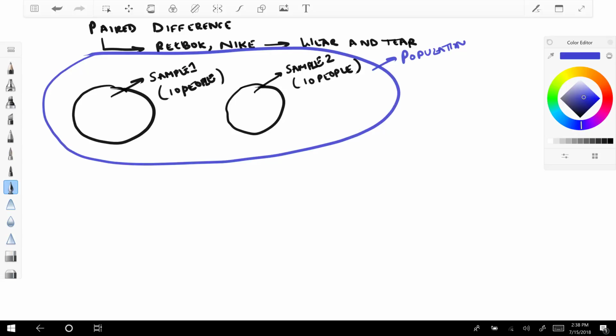And the thing is, we can ask these 10 people to wear Reebok shoes, and these 10 people to wear Nike shoes for 1 year.